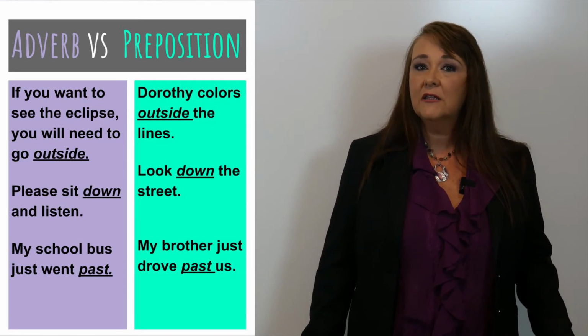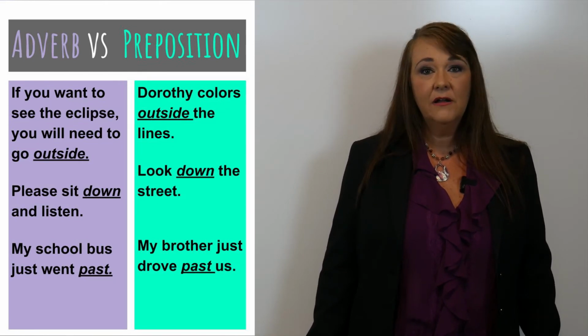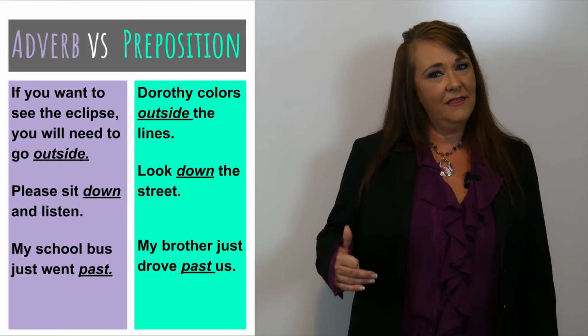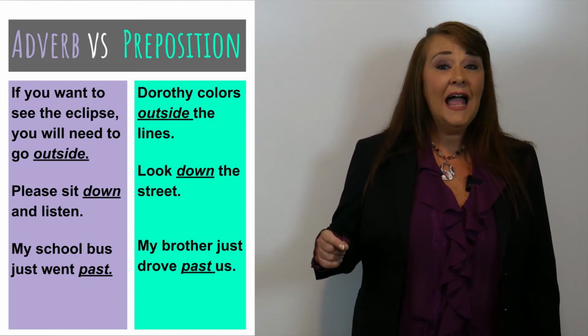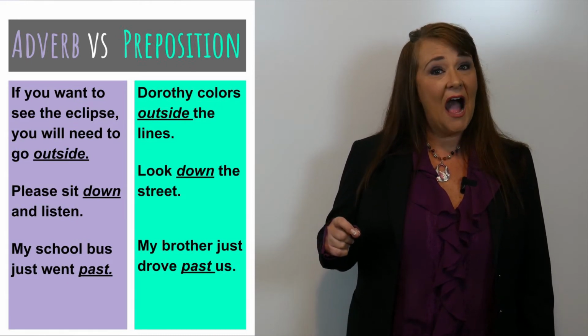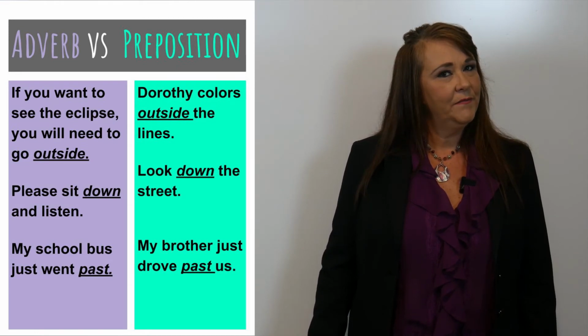But let's look at the word outside being used as a preposition. Dorothy colors outside the lines. Lines is the object, so that makes the word outside in this sentence a preposition.